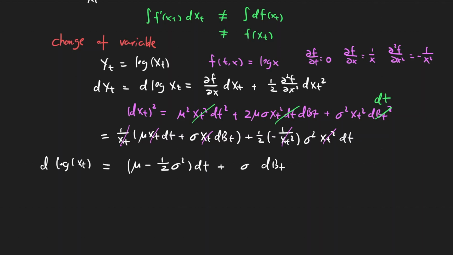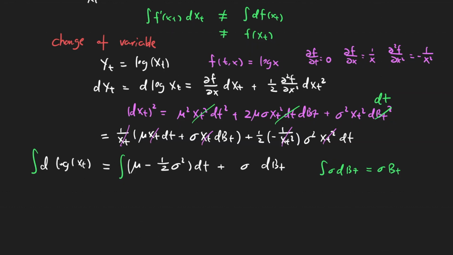So after this change of variable, it's safe to integrate both sides. If we look at the terms related to the Brownian motion, they no longer depend on the stochastic process. We just have a constant times the Brownian motion, so we can integrate it directly. The integral of sigma times dbt is just the Brownian motion scaled by sigma.